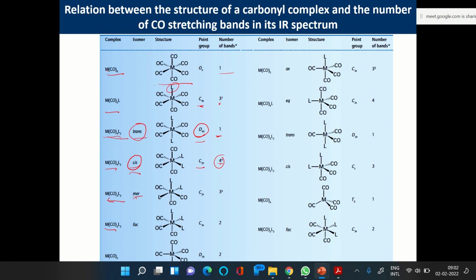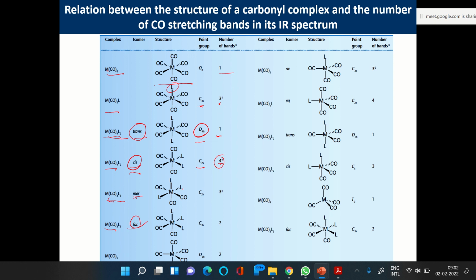You have 8 faces, and if 3 ligands occupy the corners of one triangular face, that is the facial isomer, FAC isomer.